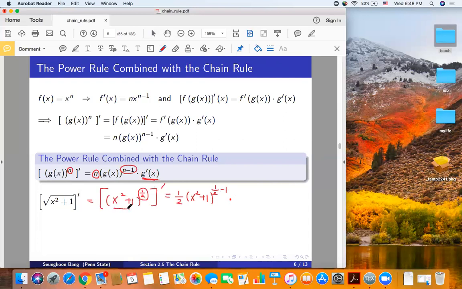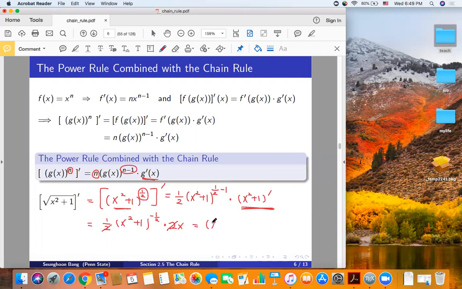The inner function is x squared plus 1, so we have x squared plus 1 prime. This is the same as 1 over 2 times x squared plus 1 to the power 1/2 minus 1, which is negative 1/2, times x squared plus 1 prime, which is 2x because x squared prime is 2x and 1 prime equals 0. Next, the 2 is crossed out.